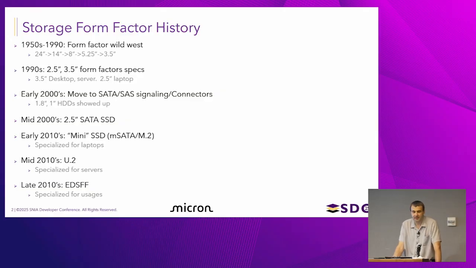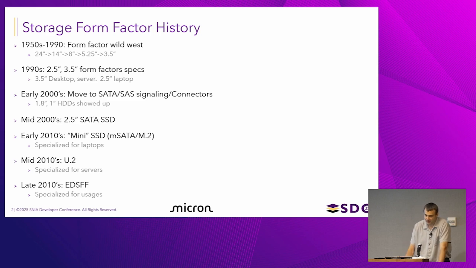In the early 2010s, we had what we called the mini SSD, which went through an iteration or two before we had M.2, which we all know is being used in laptops and other places, including servers. Mid-2010s, we standardized U.2, which was specialized around servers, but hopefully to get into other places as well. And then a lot of us started work on EDSFF that was more specialized for usages.